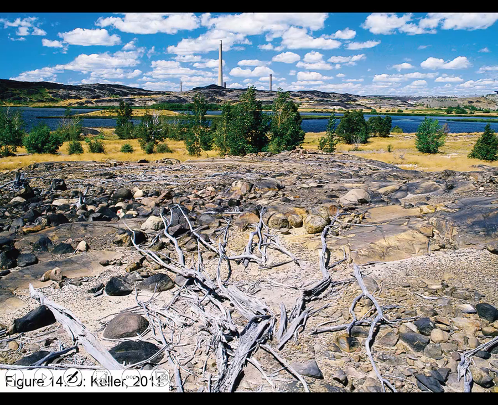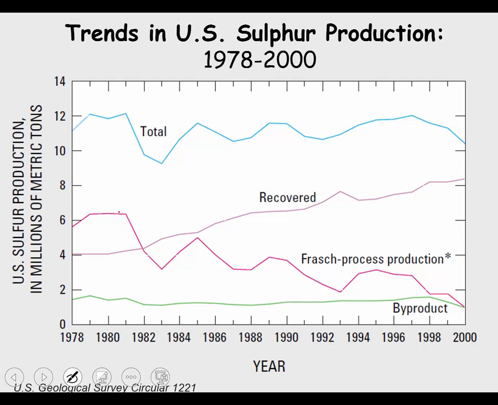Now, I won't say that all environmental regulations end up that happily, but the fact of the matter is, this is part of what we try to do, to try to figure out, is there a win-win with respect to environmental regulations and environmental impact. Because of that, we've seen the production of sulfur, which is used for a lot of things, from medicines to a lot of industrial purposes, has remained relatively constant, but the recovered portion is basically from scrubbers.